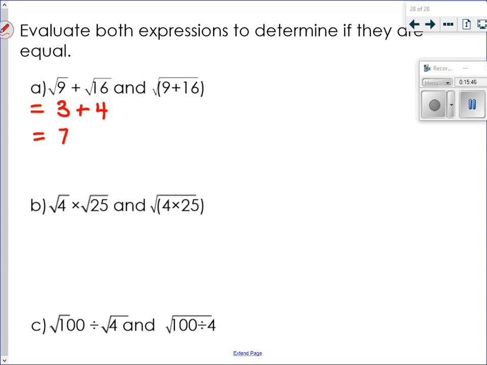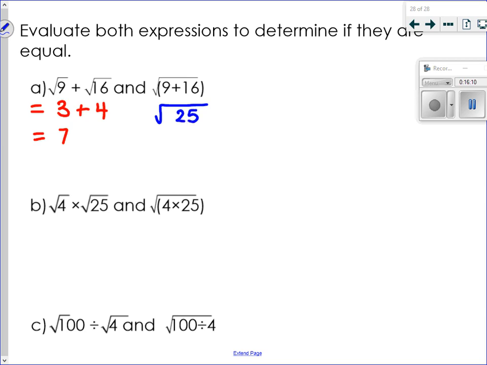Let's see what happens if we take the square root of 9 plus 16, okay, as one amount. Well, 9 plus 16 is, hopefully you came up with 25. So this is really asking me for the square root of whatever 9 plus 16 is, and that's 25.